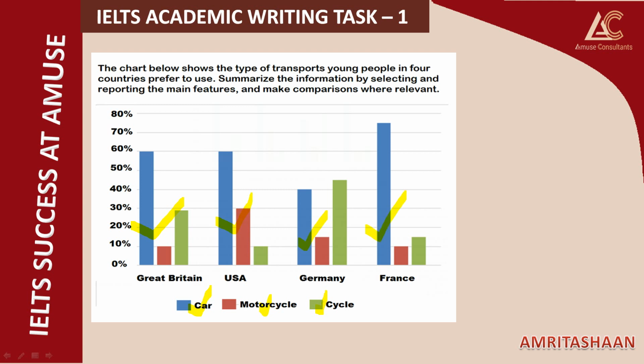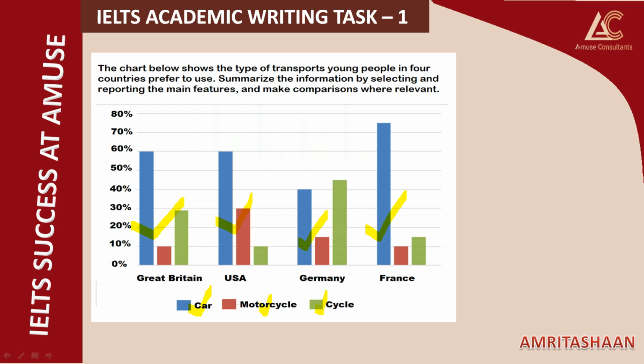So they are talking about the choices of young people of four different countries, what they prefer to use for commuting. The next part of the question says, summarize the information by selecting and reporting the main features and make comparisons where relevant.